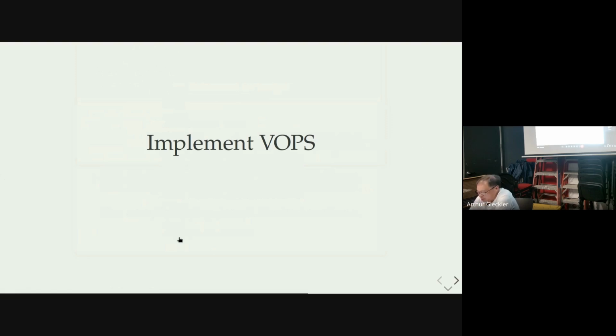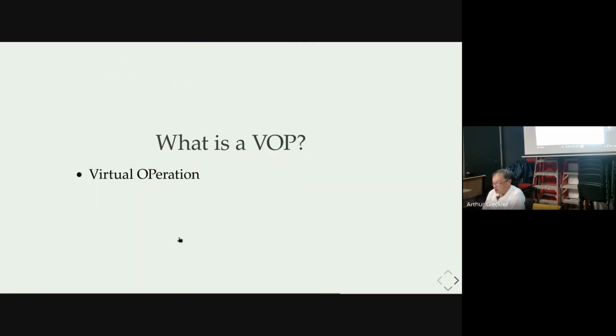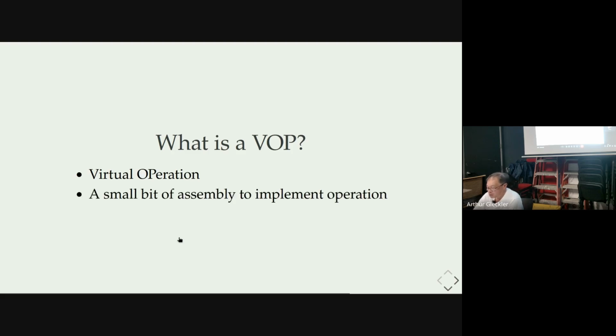The next step is to implement these things called VOPs. So what is a VOP? And then how do you know which ones you need to write? VOP stands for virtual operation. So it's basically a small bit of assembly that you use to implement an operation.